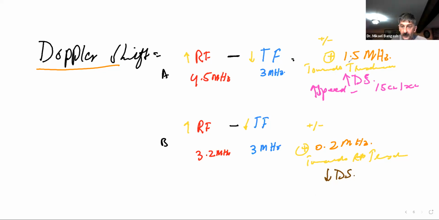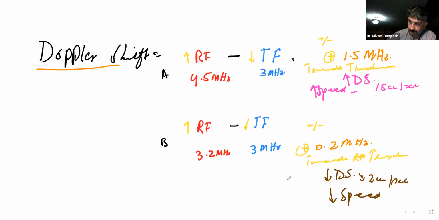But here, that 0.2 megahertz, you can assume, becomes 2 centimeters per second, which means it's at a lower speed, traveling slower towards the transducer. Did you ladies get that?